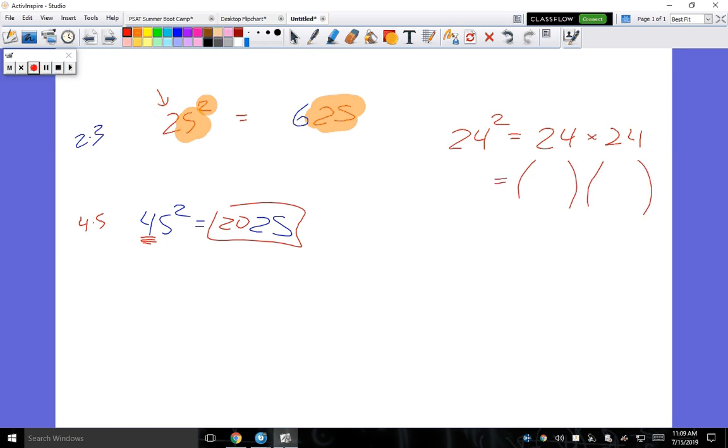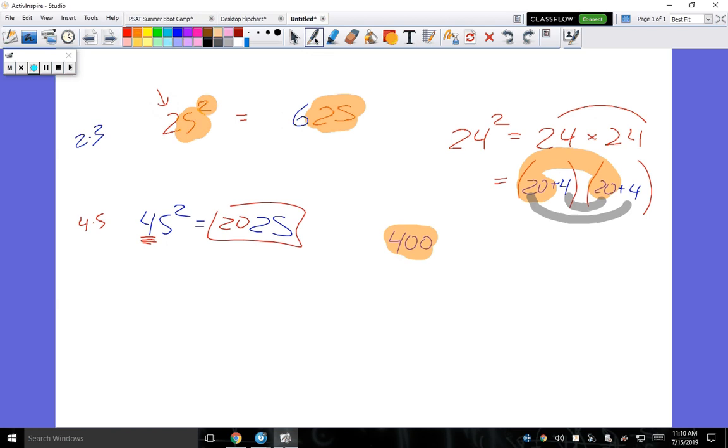I'm going to make this into a folding problem. Okay? Now here we go. First, we multiply that to get 400. Okay? So, in folding, the outside and the inside are 2 sets of 80.